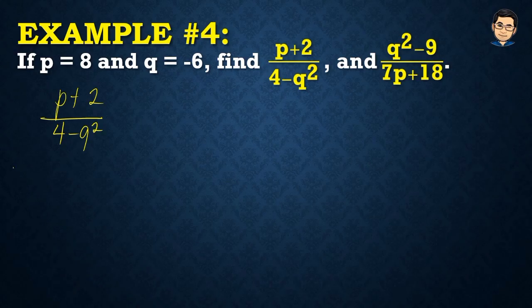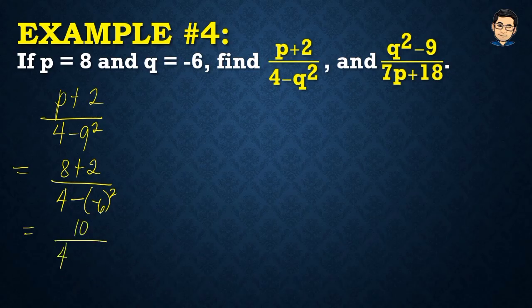So the value of p is 8 plus 2 all over 4 minus q, that is negative 6 squared. Next, 8 plus 2, that is 10 over 4 minus, so negative 6 raised to 2, that is 36. 10 over, so 4 minus 36, that is negative 32.